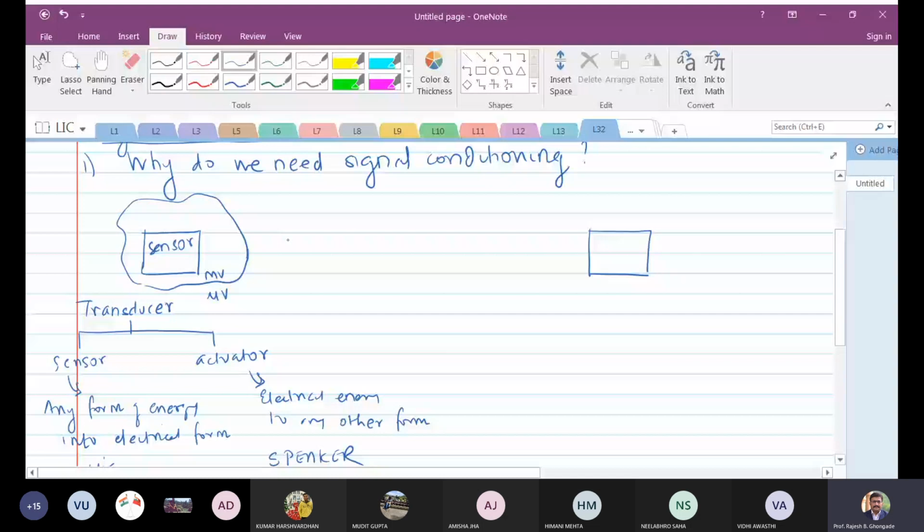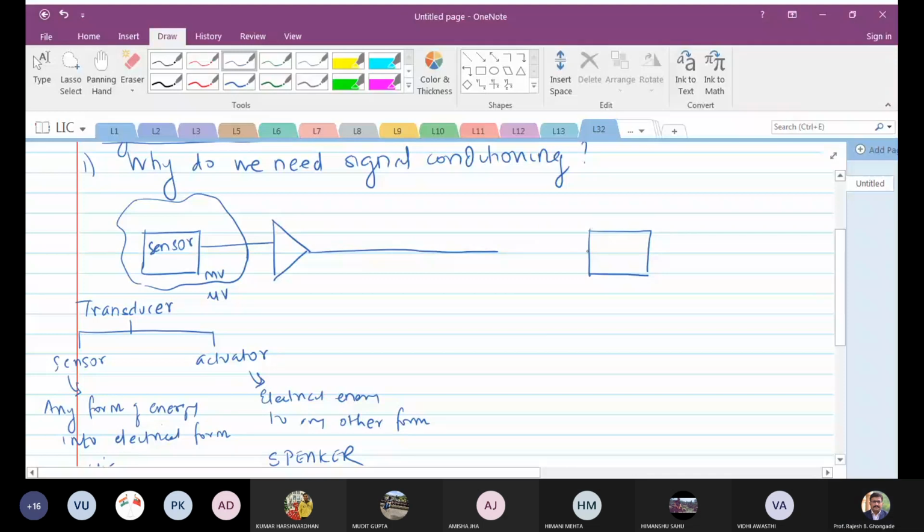For example, a temperature sensor is measuring the temperature in a temperature chamber or heat chamber, and your processing circuitry may be a little bit away from this physically. Now, this is a weak signal, so I have to amplify it, and then give it to the ADC, and then finally to the microcontroller.